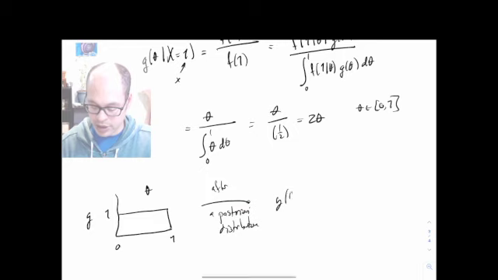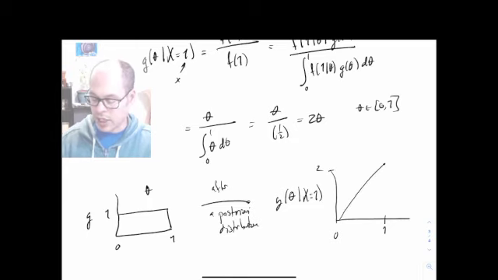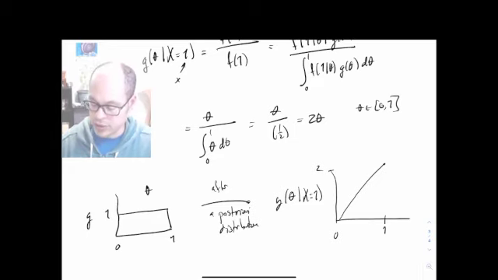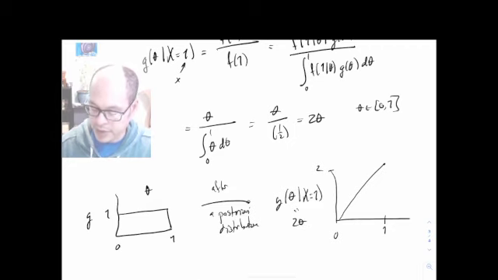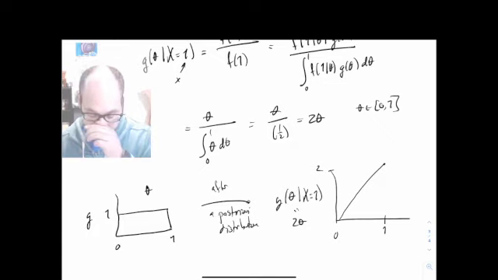We are measuring g of theta given x equals 1, and that density function from 0 to 1 does this instead. So it looks like the function 2x, or 2 theta in this case. So this is 2 theta, which makes sense. Once you flip a 1, there's a 0 chance that you have a 0 and a much higher chance that you have a 1.